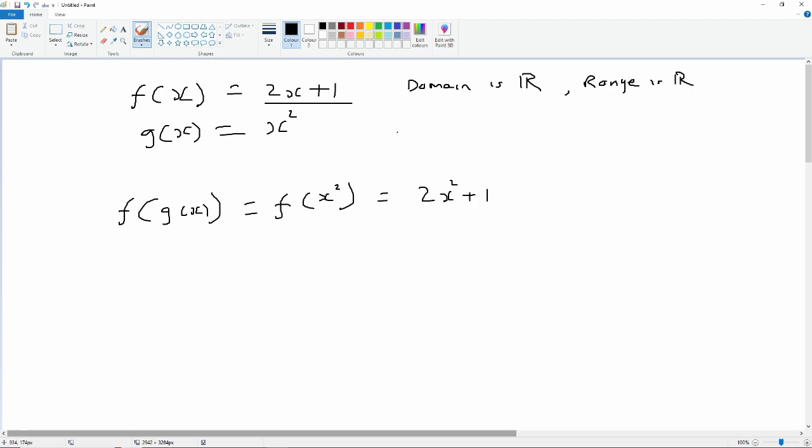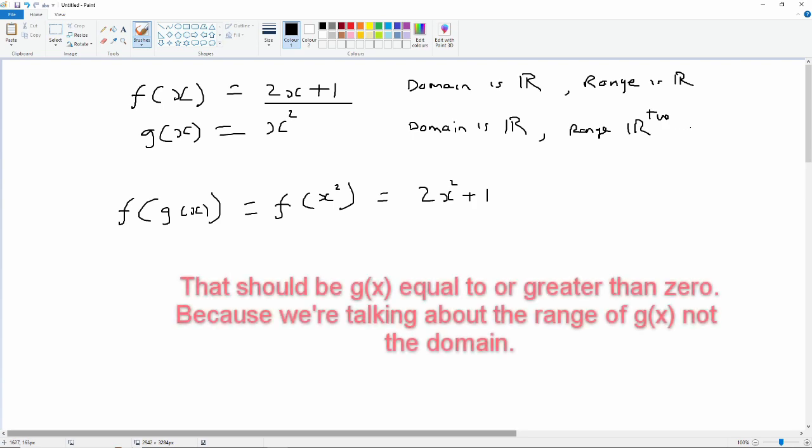With x squared, the domain again is all real numbers because you can square anything. However, a negative times a negative is a positive, so our output will be only positive numbers, or all real numbers such that x is greater than or equal to 0.